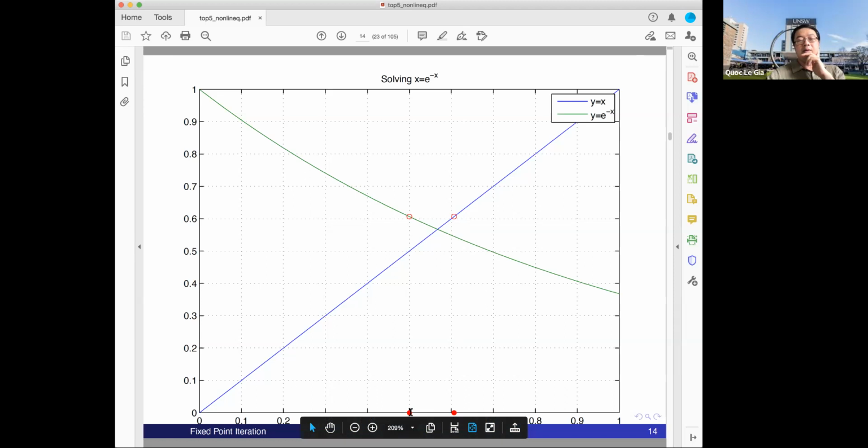So the first dot is x_0, and the second dot is x_1. Then you do it again: you compute the value e to the minus x_1, then you project down and you get x_2, and so on. You see, it's like a spiral, and it will eventually go to the intersection of the two curves.